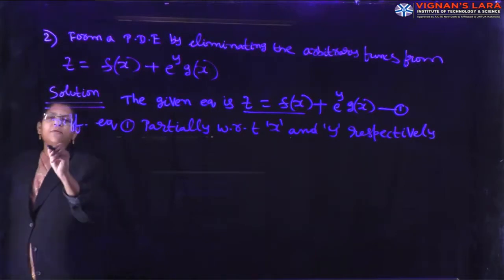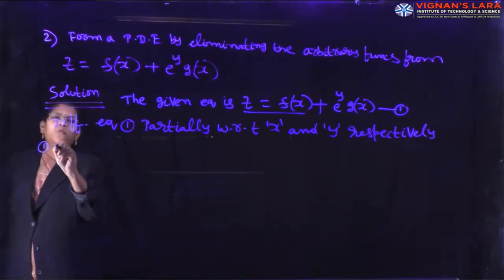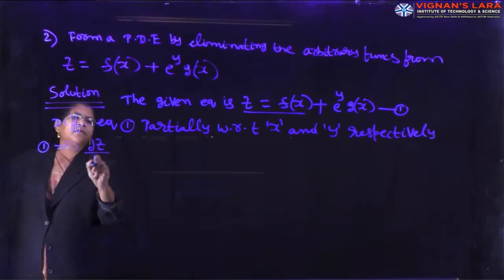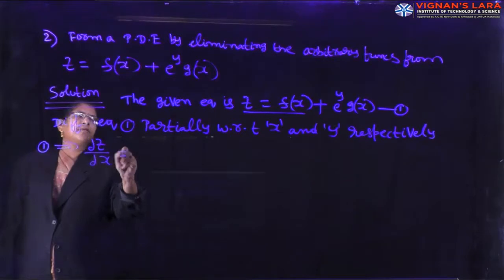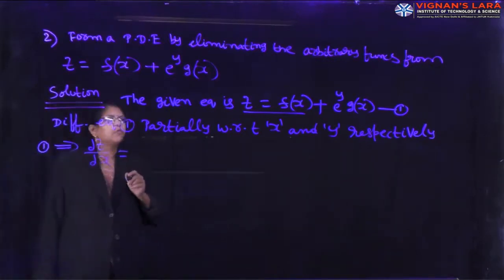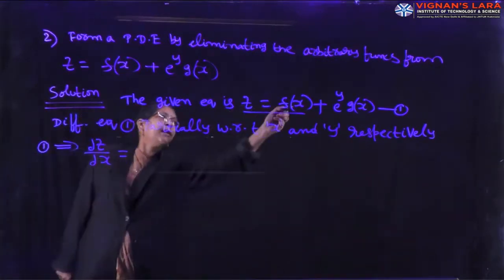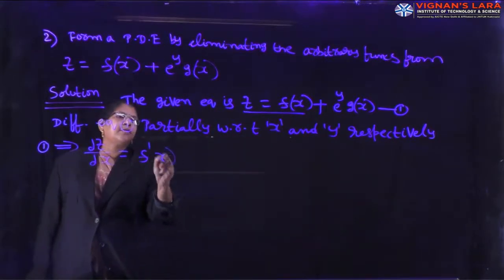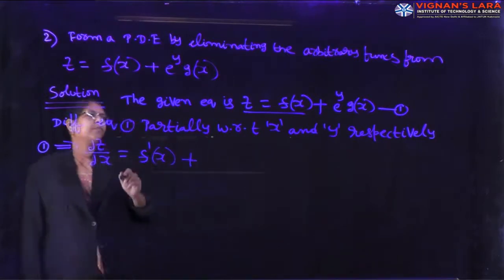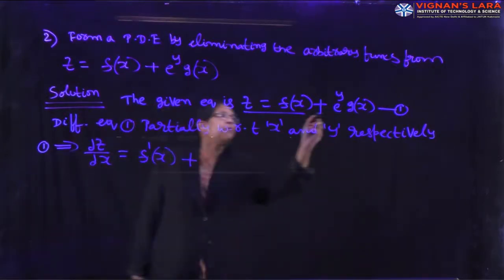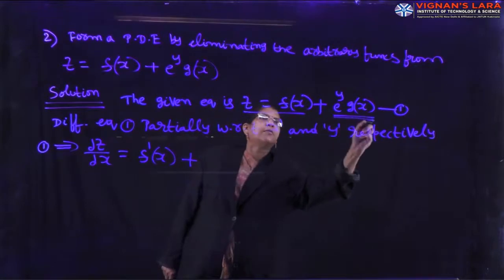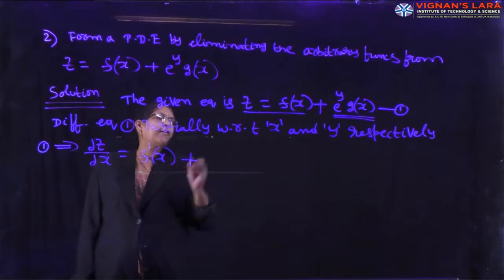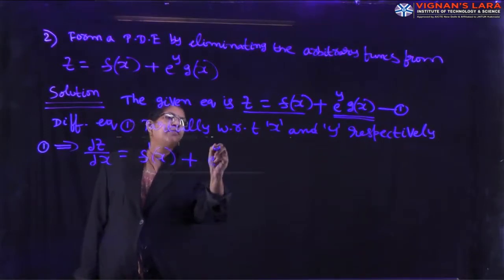Then what will you get? Dou z by dou x equal to, what is the derivative for f of x? f dash of x, plus e power y into g of x. We are differentiating partially with respect to x, so e power y is a constant.